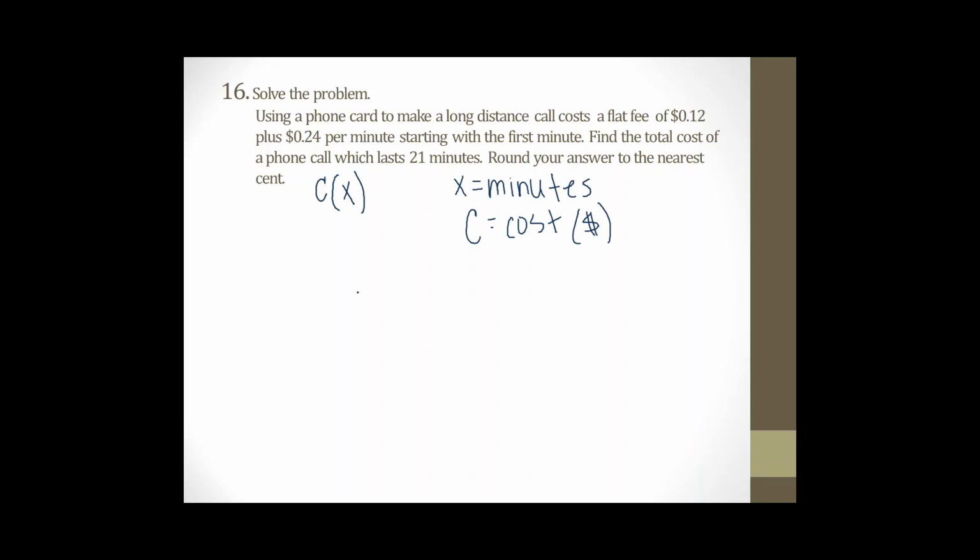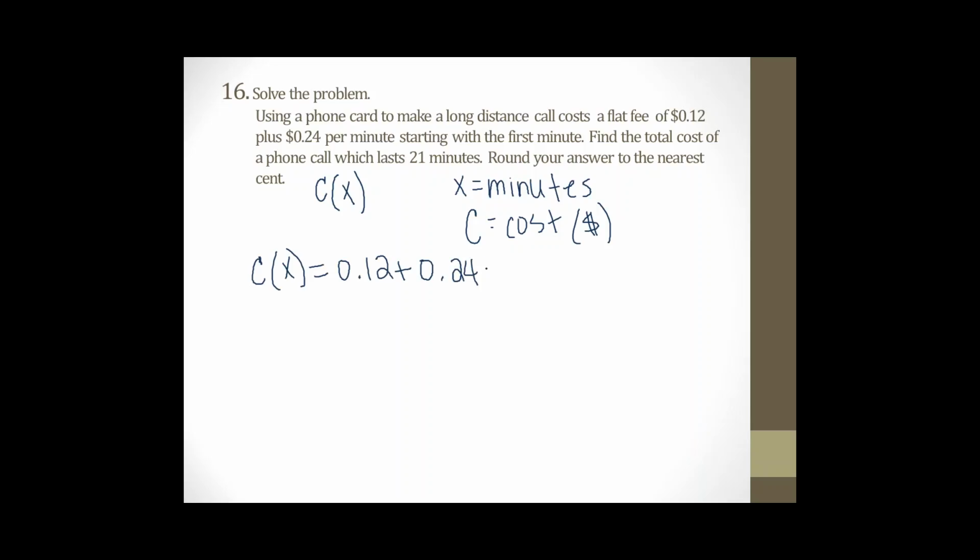All right, so your cost is a flat fee of 12 cents plus 24 cents per minute. So every minute you add an additional 24 cents. So I'm going to say the cost of 12 cents plus the cost per minute of 24 cents.